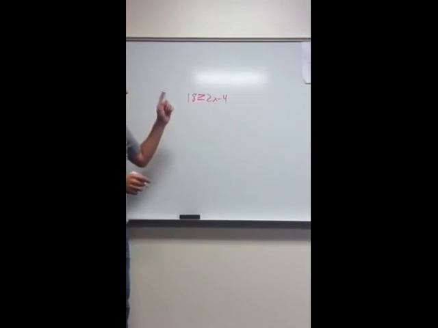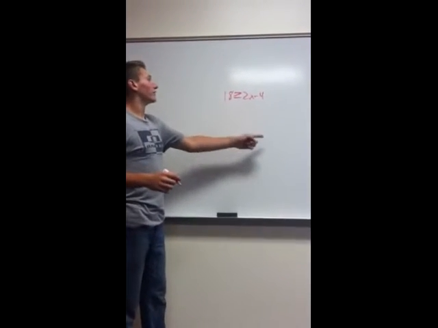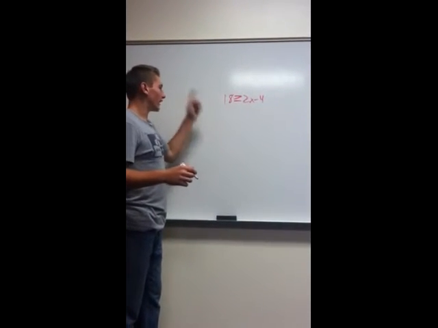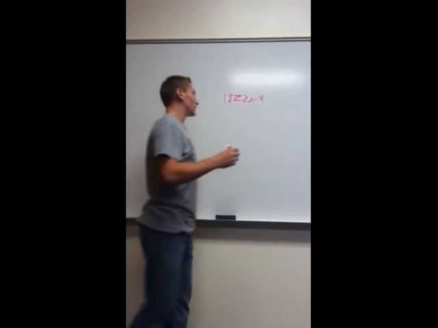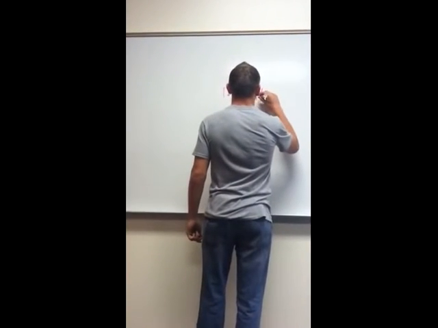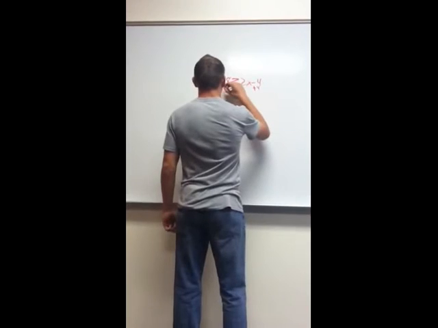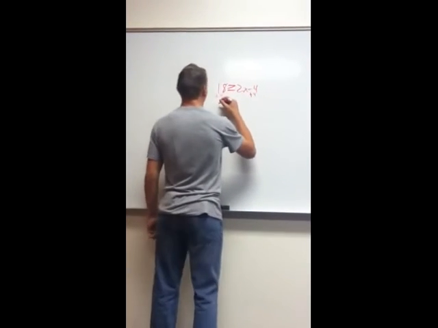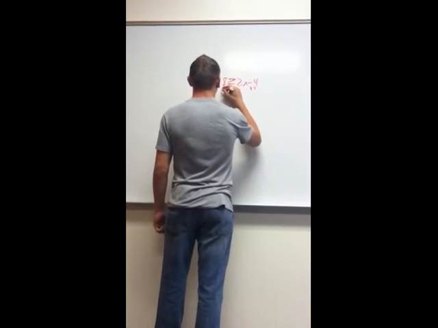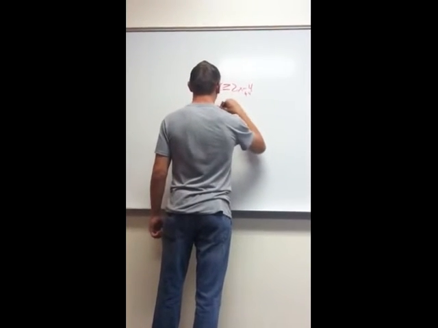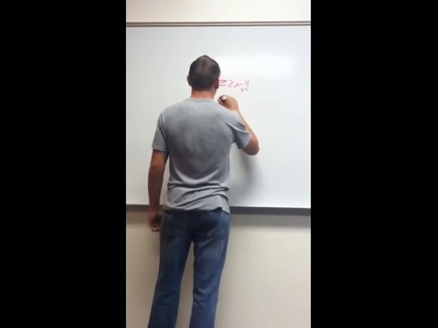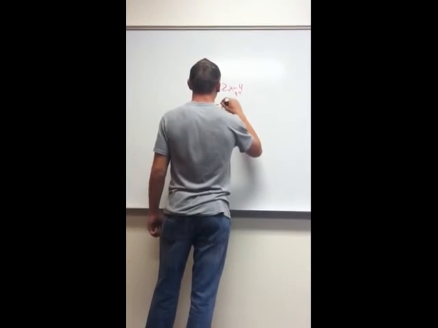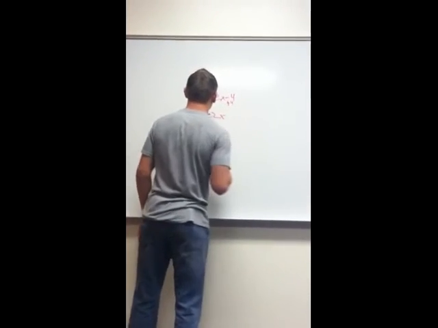Your first step is to add 4 so that you cancel it out, and then you add it to this side to keep the equation equal. So 18 plus 4 is 22, and then you have 22 is greater than or equal to 2x.